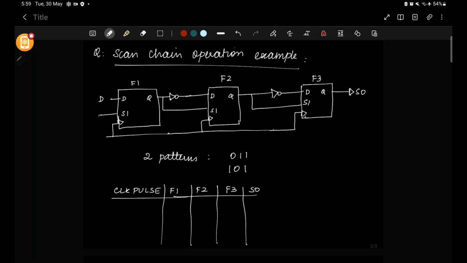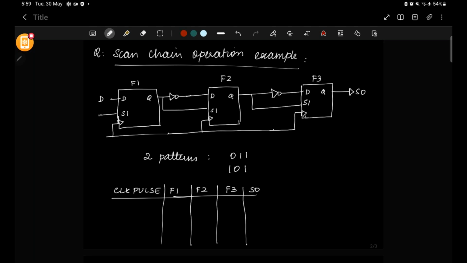And next we have the shift phase. And then you have the capture phase. And here again you have the same load unload phase, and then the shift phase.